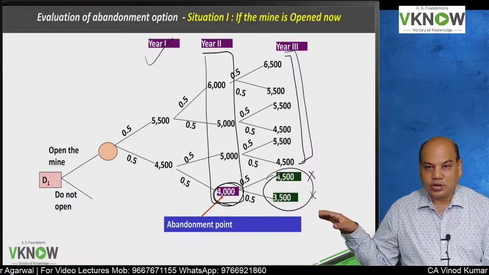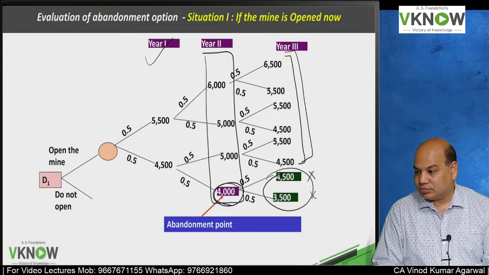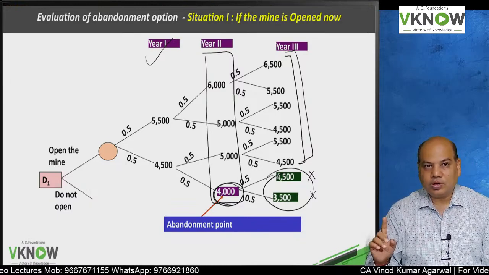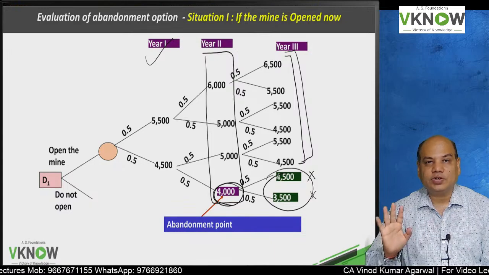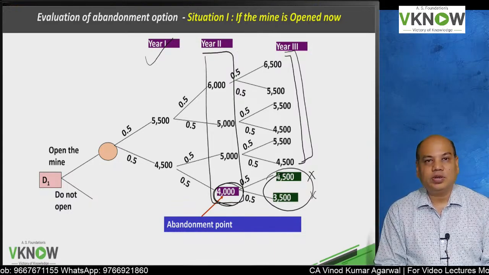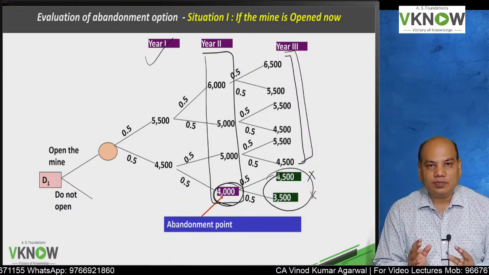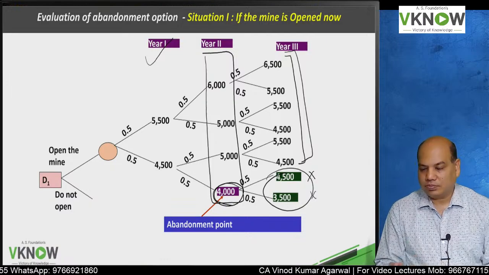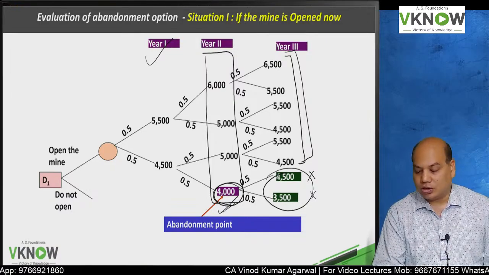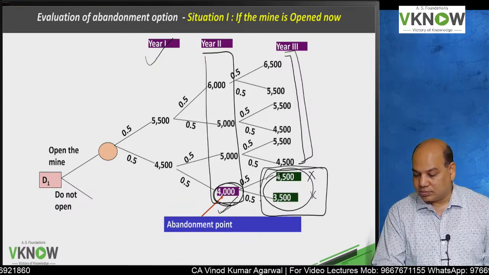So my question is, because you are intelligent students, what will be the cash flow of year 3? First I will give you 30 seconds to try. What will be the cash flow of year 3 with the abandonment option? Suppose you abandon the project after getting 4,000 in year 2, then these 2 will not be required.